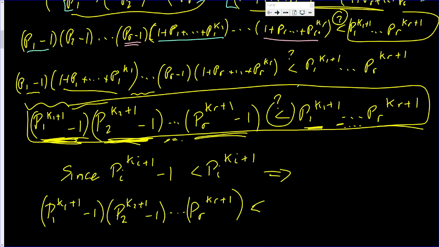This is less than p1 to the k1 plus 1 times p2 to the k2 plus 1, all the way down to pr to the kr plus 1.